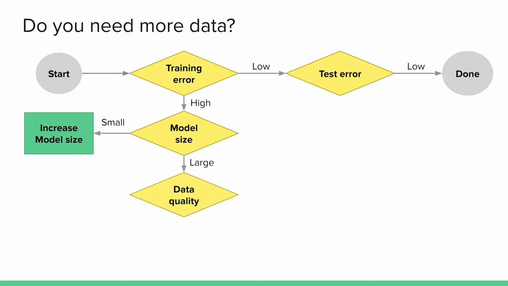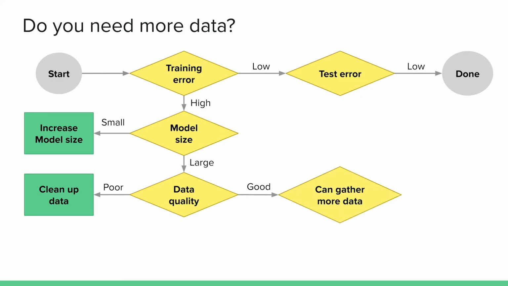If your model is already large and really powerful and you can still not get to a low training error, maybe take a look at your data, because your data might have an issue. If your data quality is poor, clean it up. I cannot stress this enough. Having clean and properly annotated data that you're training on is super important.